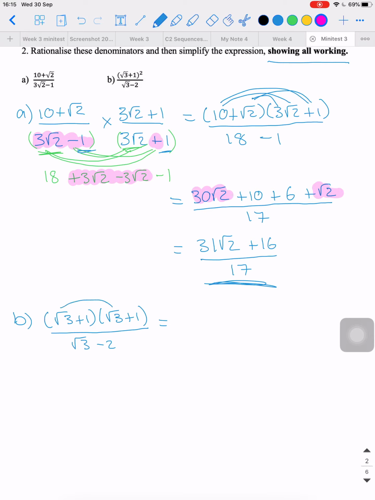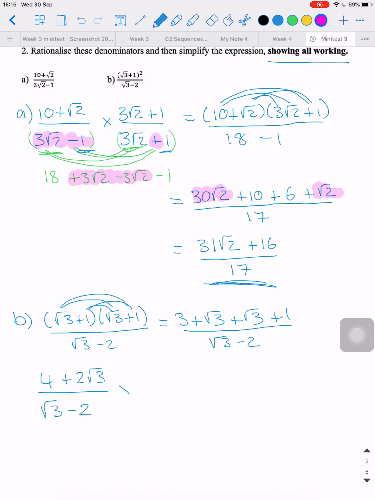So first times first, root 3 times root 3, outer times outer, root 3 times 1, inner times inner, 1 times root 3, and last times last. If I then collect my like terms together, I've got the 3 plus the 1, and root 3 plus root 3, so that's 2 root 3 on that numerator.